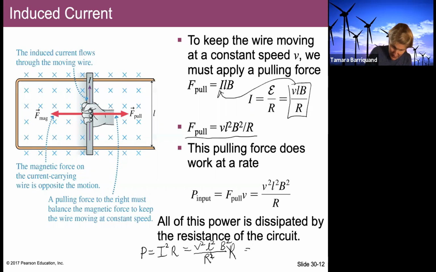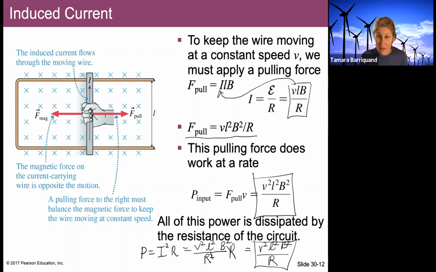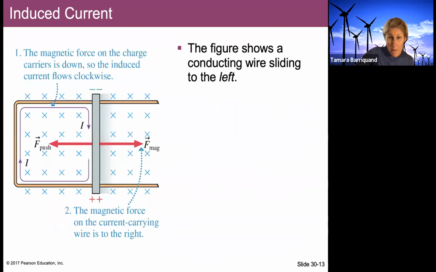And I get v squared, L squared, B squared over R, which is exactly the same as the power going in. So we see that the power that is put in is coming out. So it's totally equal and is completely dissipated by the circuit.